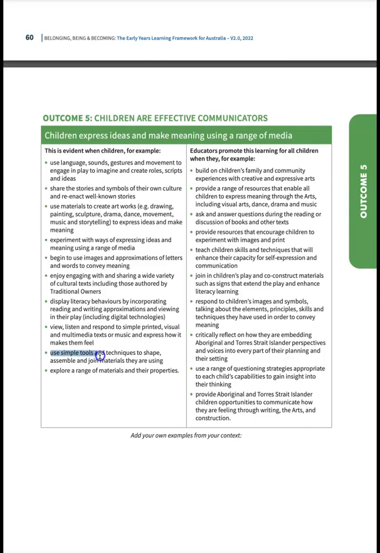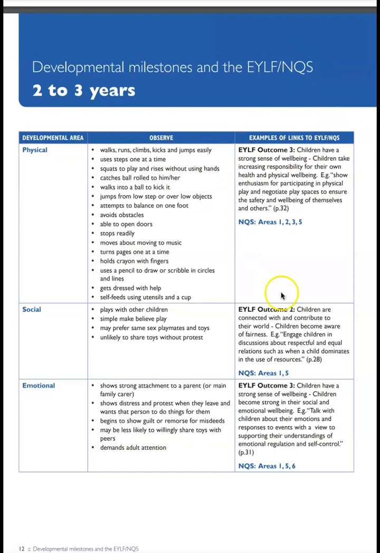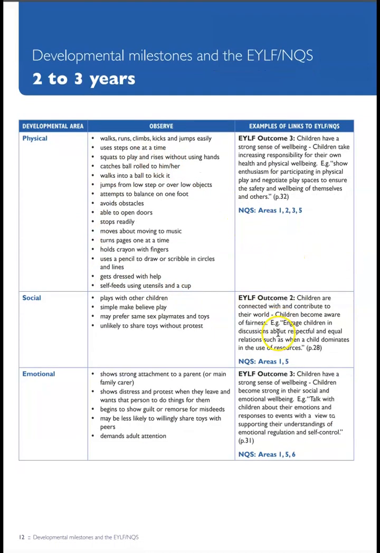We also can add that they use tools to join materials if they use them, but in our case more like a range of materials and properties would be probably relevant, but I think more like use materials to create drawing. Yeah, and an interesting thing here is that these examples are shown, they're not always matching your developmental milestones that you will observe, and that's why I'm showing you 2 documents to be sure that you understand how to use it.